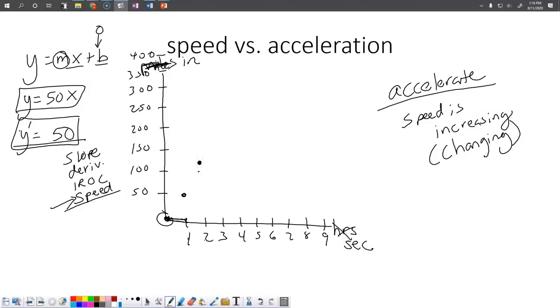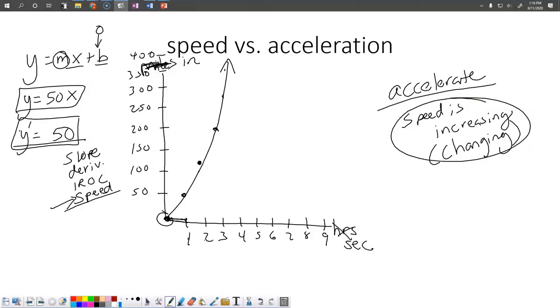And then by the third second, instead of going a little bit more than 50, maybe you're going twice as much as 50. And so on. And so what happens is your graph starts to bend. Instead of being a straight line, it starts to bend. And that demonstrates that your graph has an acceleration to it. So you can tell the speed is changing anytime the line is bending.